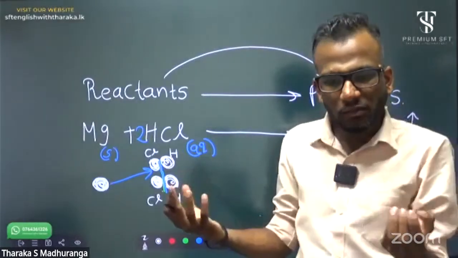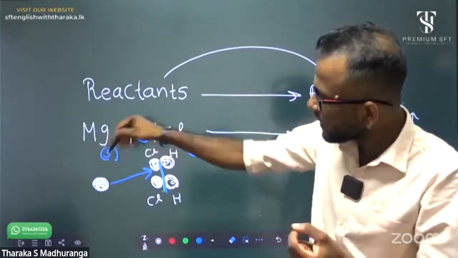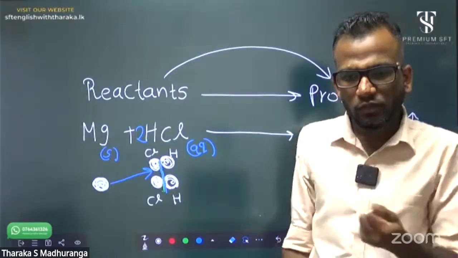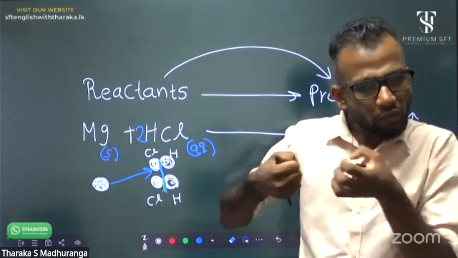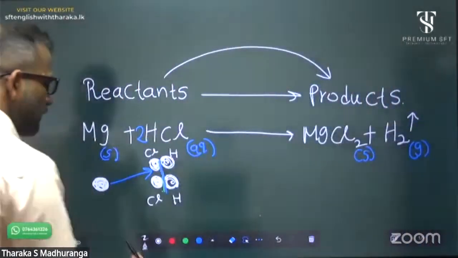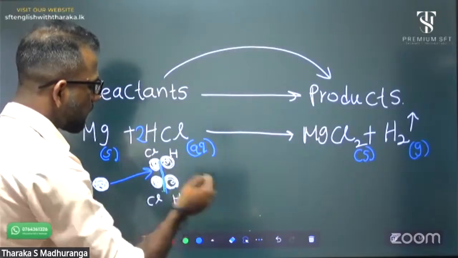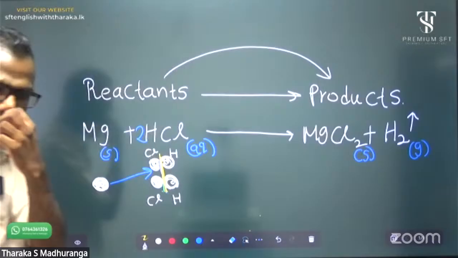Reactant molecules collide with each other. One magnesium collides with two chlorine atoms. Two chlorine means two HCl compounds. Two HCl compounds collide, right? Then due to these collisions, the already available bonds break down.